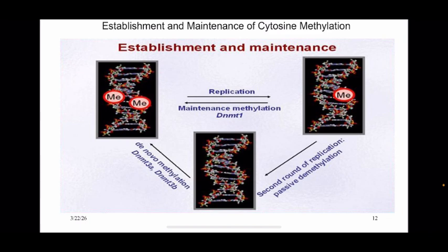So the takeaway from this picture is we have two types of DNMTs: maintenance methyl transferases and de novo methyl transferases. Maintenance is after replication, you form a hemi-methylated structure. Like one is missing, so the maintenance is going to just repair it, right? And the de novo is like synthesizing from scratch. So what if the hemi-methylated ones are not fixed and it goes on to replicate into daughter cells?